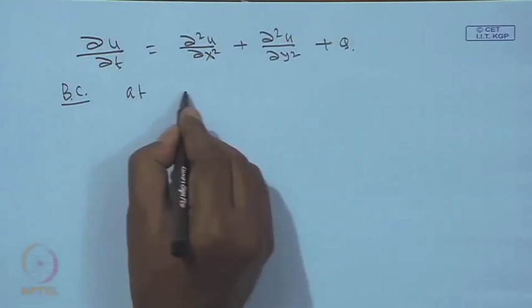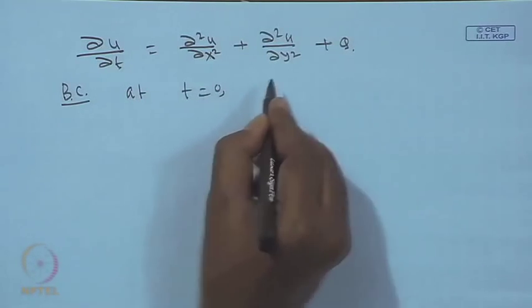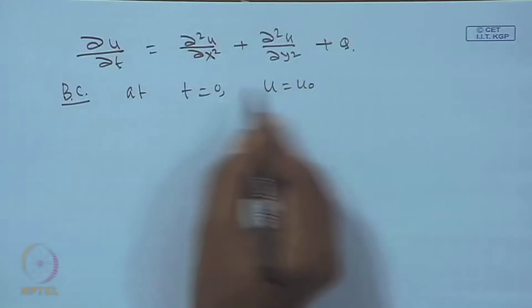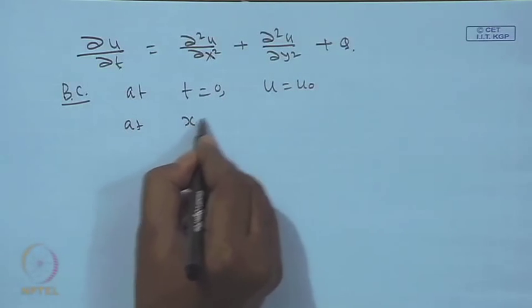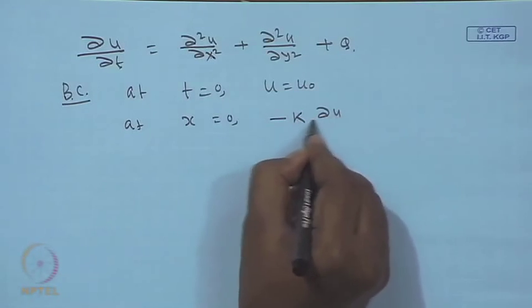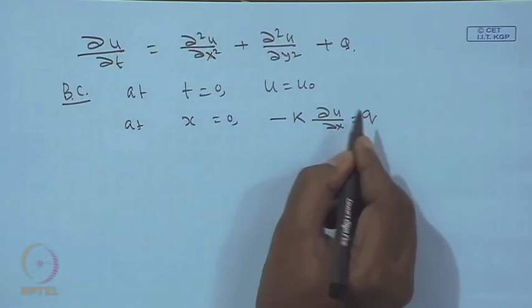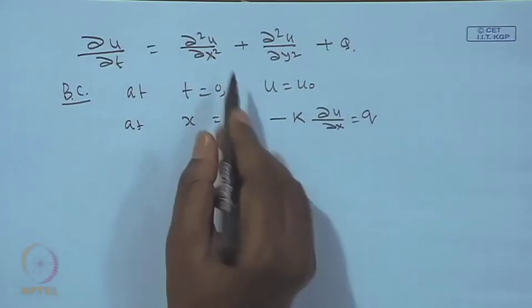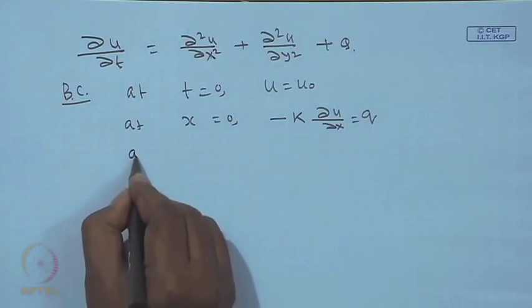So, typically we have at t = 0, u = u0; at x = 0, −k ∂u/∂x = q. Let us say it is a heat conduction problem, a two-dimensional transient heat conduction problem.